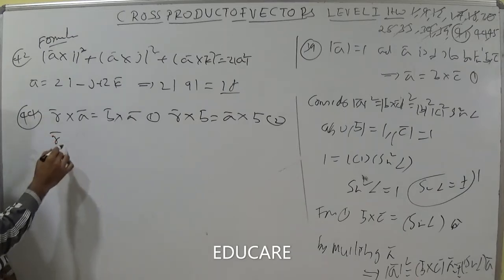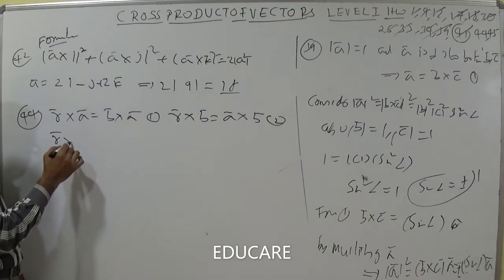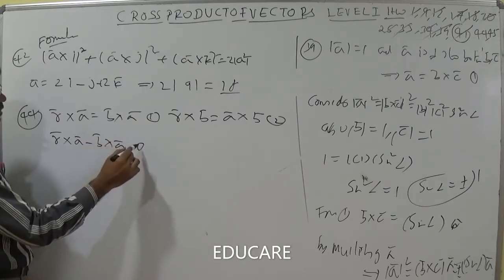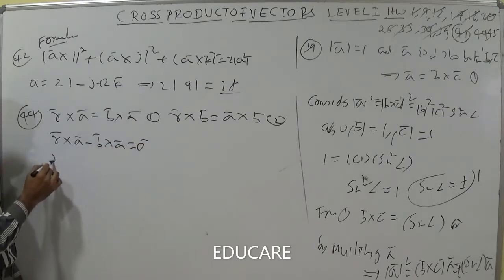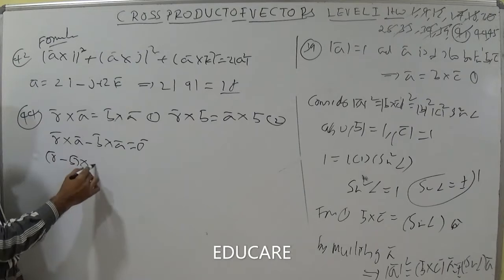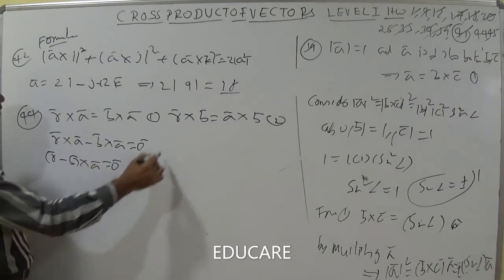Let us write here, taking this side: R bar cross A bar minus B bar cross A bar equal to 0 bar. So R bar cross A bar, now you can write here (R bar minus B bar) cross A bar equal to 0 bar.